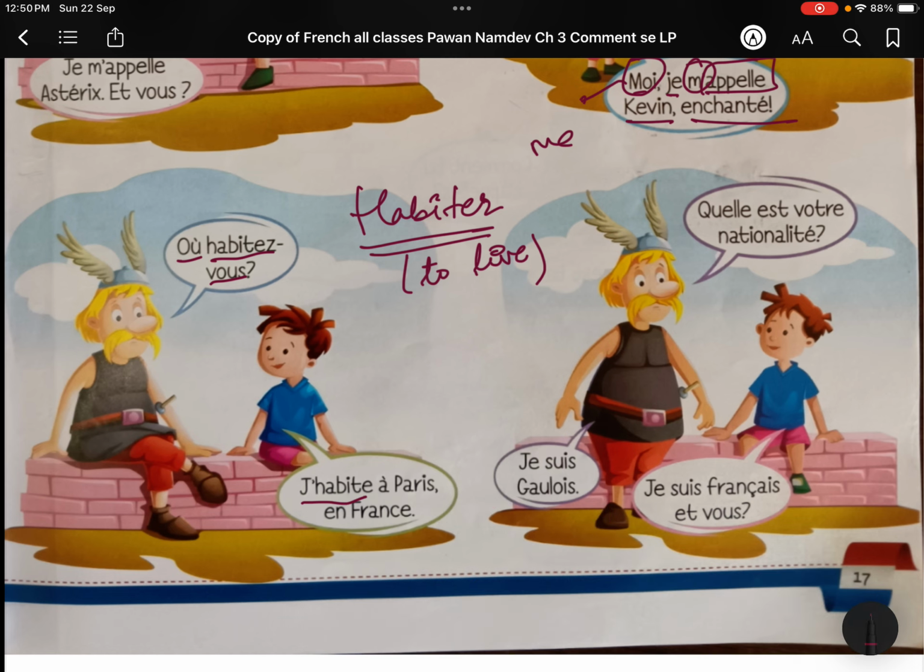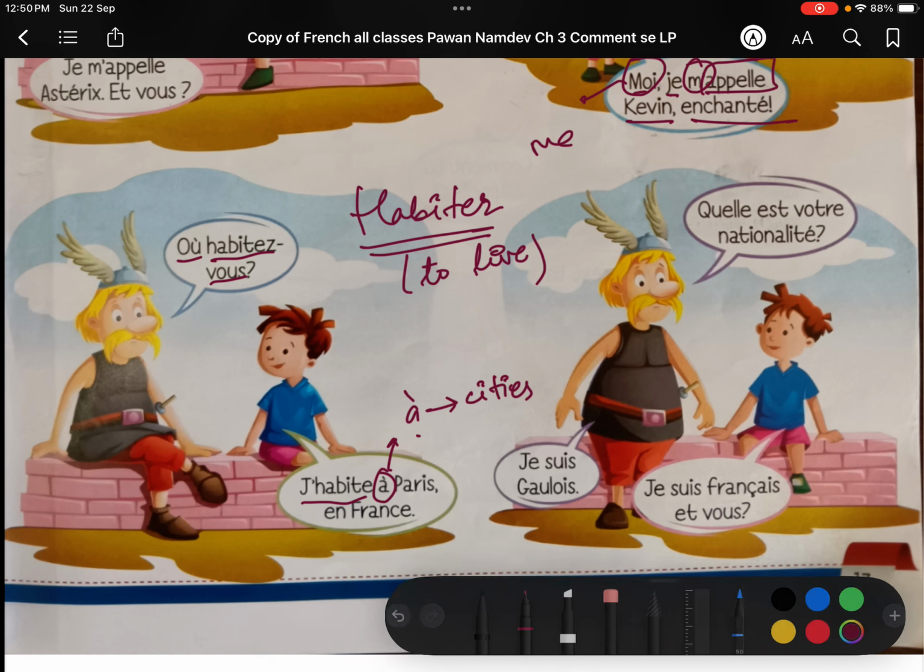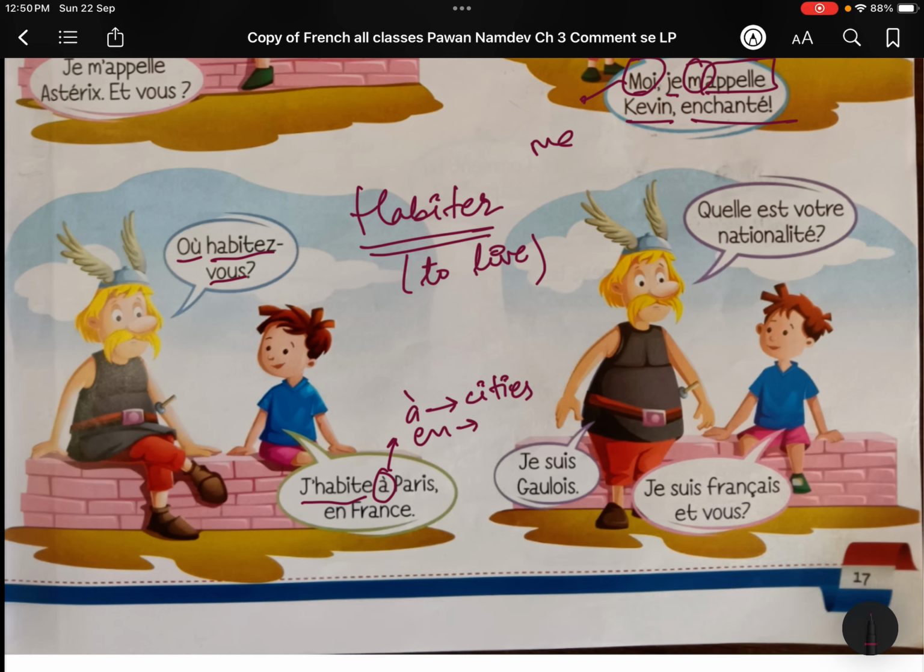J'habite, I live. This preposition we have to use with cities. I live in Paris. And the other preposition is used with any province, state or country.